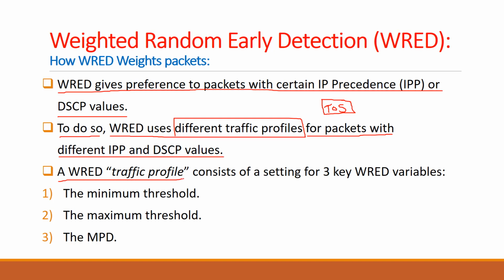A WRED traffic profile consists of a setting of 3 key WRED values or variables: the minimum threshold, the maximum threshold, and the mark probability denominator. We can configure these values to custom settings, and determine the minimum threshold, the maximum threshold, and the MPD other than the default values that WRED uses.